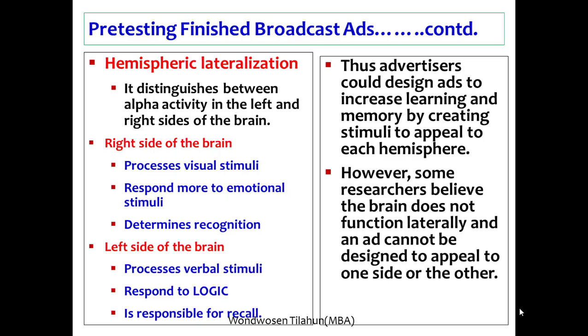So considering the responsibilities of our brains, we are going to design our advertisement and measure the way they process the information in the right side and the left side of our brain.